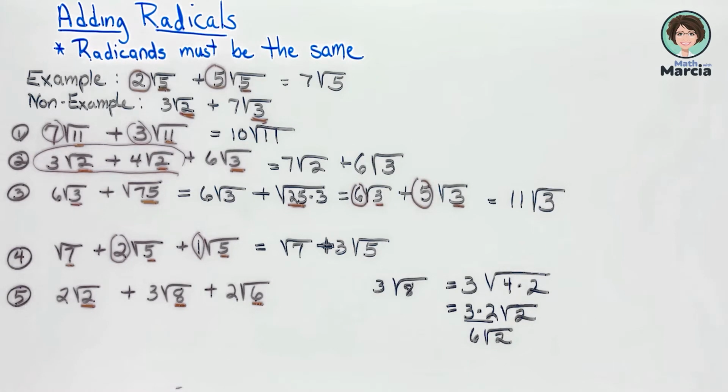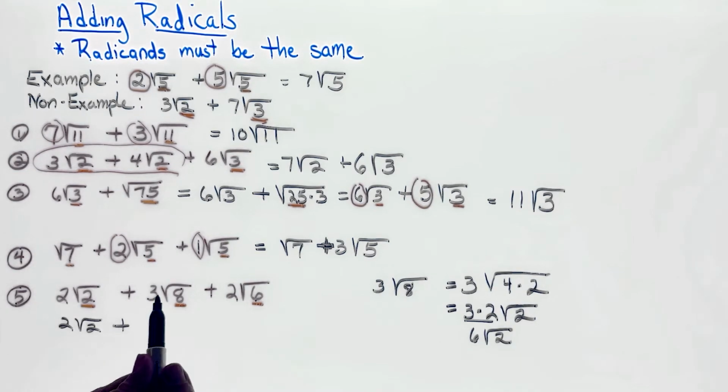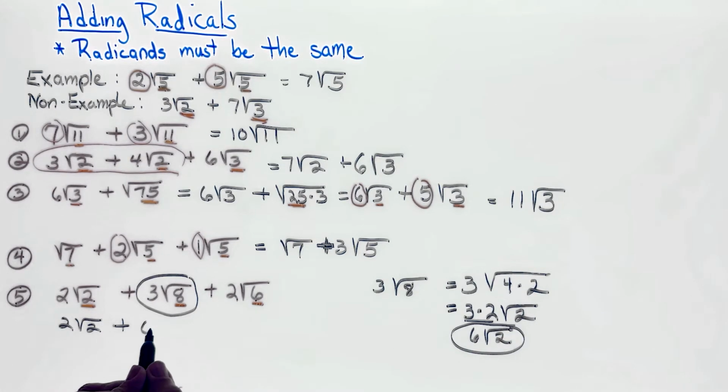So I am going to go back to my original and copy the whole thing, but instead of putting in 3 square roots of 8, I am going to put in my 6 square roots of 2 plus my 2 square roots of 6.